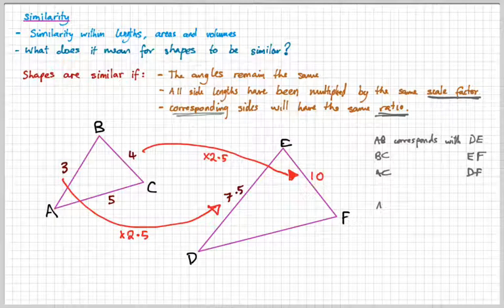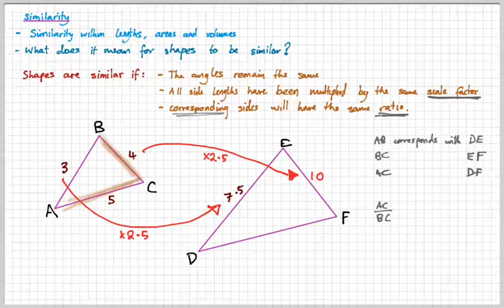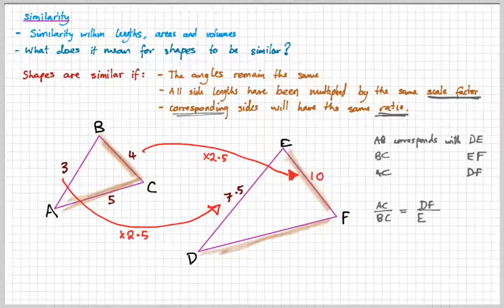I mean ratio when you divide one side by the other side. So if I were to do AC divided by BC, so let's highlight that here. If I do AC divided by BC, that will be the same as if I were to do DF divided by EF, because these sides correspond.